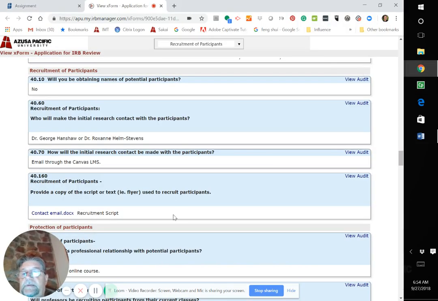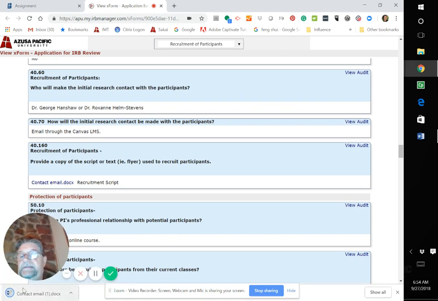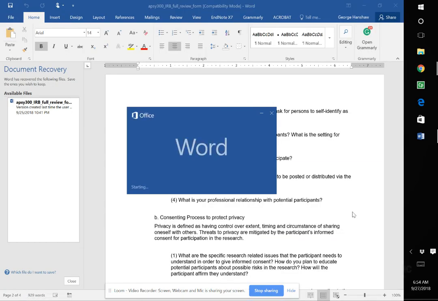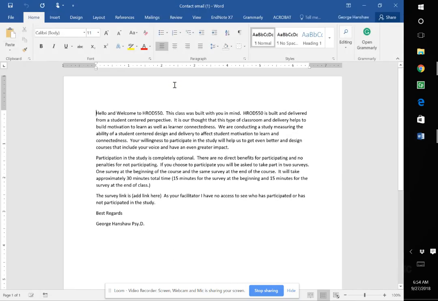If you look over here, recruitment: provide a copy of the script or flyer used to recruit participants, and that is generally done in an attachment here, and it's just like I wrote here, hello, welcome to HRD 550, with that in mind. So it's just how you're going to invite them to participate.